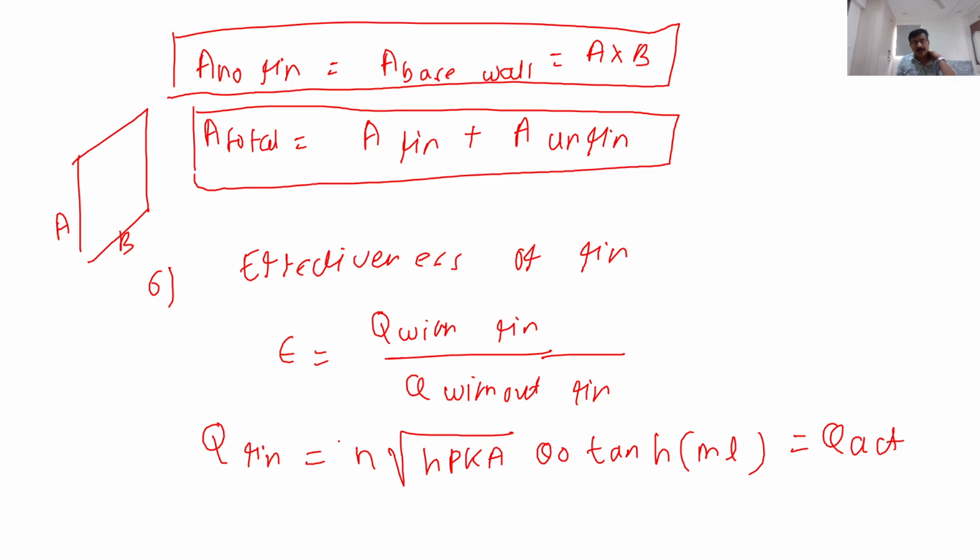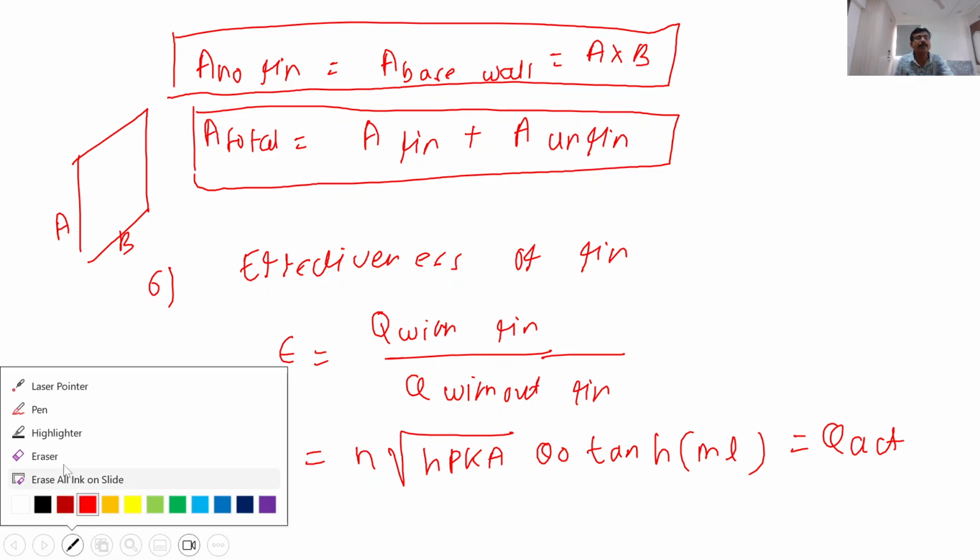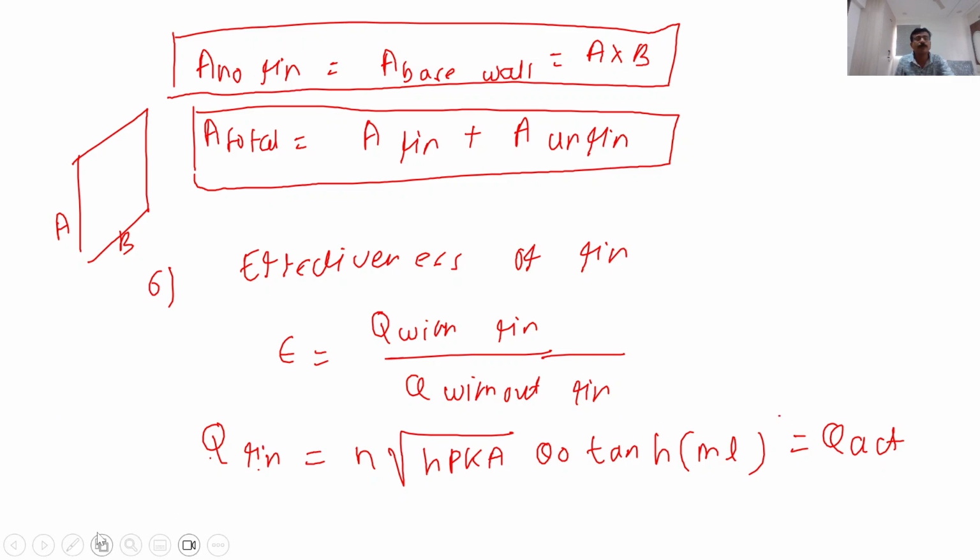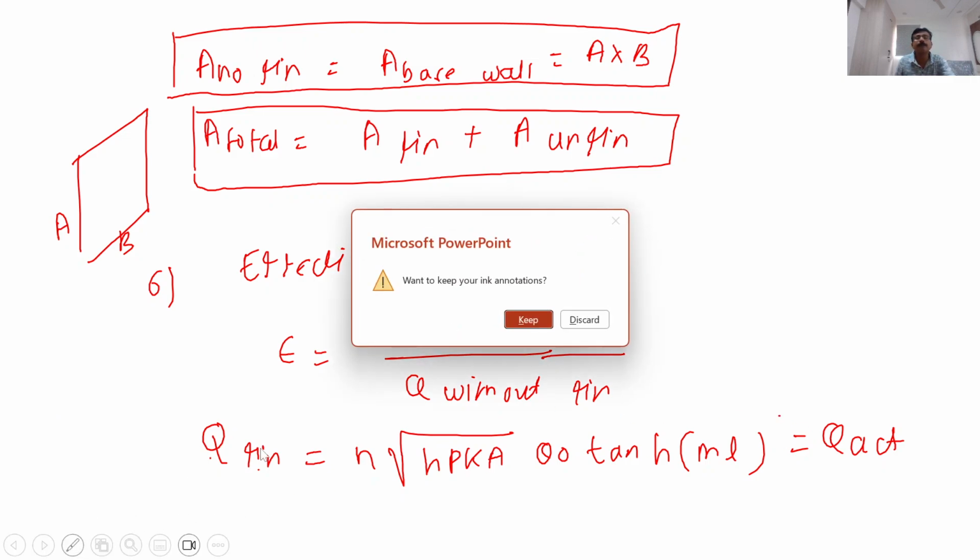It's not like you are fitting the fins on the base and the base is removed. No, a fin always has a base along with it. So it becomes a finned system. So this formula is only the heat transfer rate from the fin. That is Q actual. Just one minute. This I need to remove.